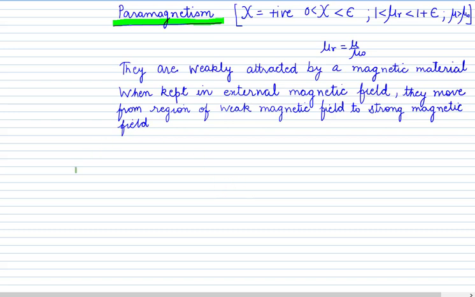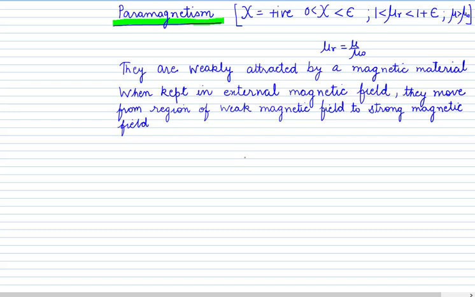Now, what is the reason for this? Let us go to the reason. The reason is that for all paramagnetic materials, all the atoms have a permanent magnetic dipole moment of their own, but there is no net magnetization.